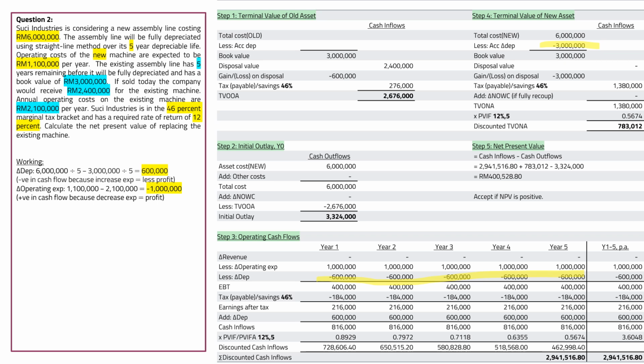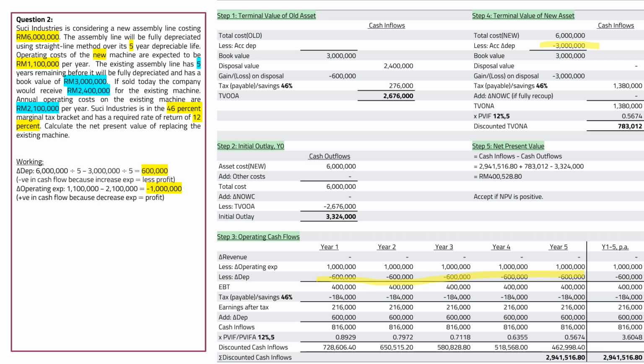However, there is something that I've never been able to understand since the day I was taught this, because normally if you were to buy a new asset for 6 million and then depreciate it to 0 at the end of its life cycle, it's supposed to have an accumulated depreciation of 6 million and a book value of 0, right? But for some reason, we were taught to take the accumulated change in depreciation. I've checked my course notes and this is the way my lecturer teaches it, so we'll just follow it, just trust in the process.